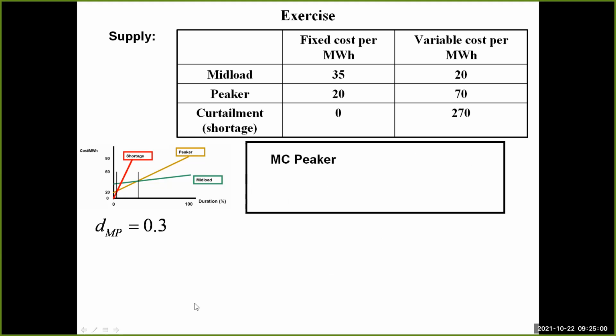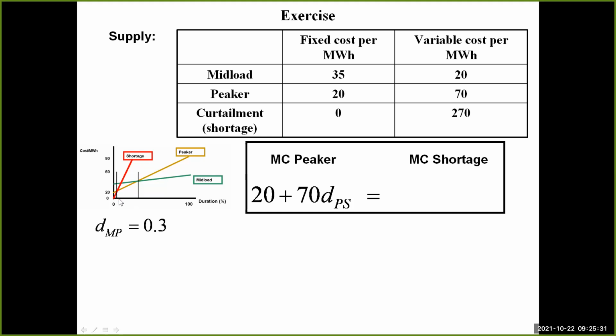Okay, now I'm interested in this point here. I need to know actually what will be the duration of shortage. So I look at the marginal cost, or the cost here of the peaker, which is 20 plus 70 times the duration. Then I write the duration PS, because we're between the peaker and shortage.